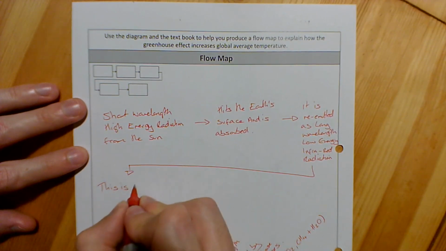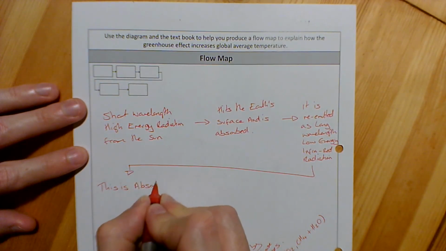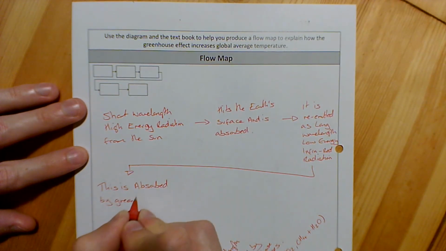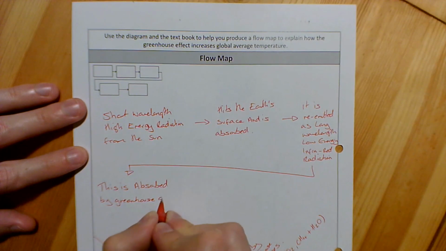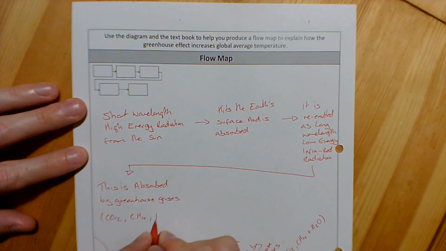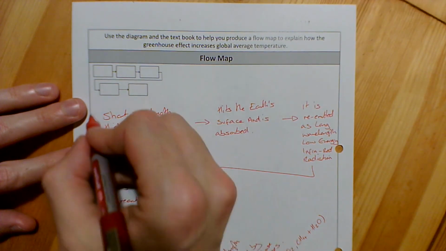This is absorbed by greenhouse gases. Carbon dioxide, methane, and water vapor.